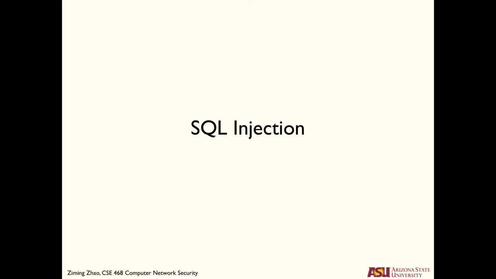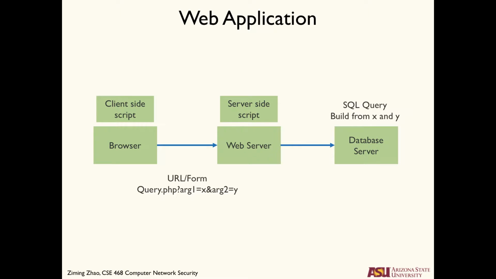And also another very popular one is SQL injection. Maybe you've heard this before. So basically, in this kind of attack, the attacker tries to inject some SQL queries into the database. So this is what a web application looks like. Usually, on the client side of the browser, when you click anything, it will generate a query, and usually that query will have some arguments based on your input.